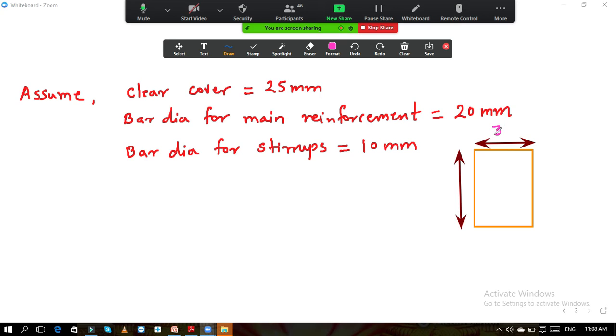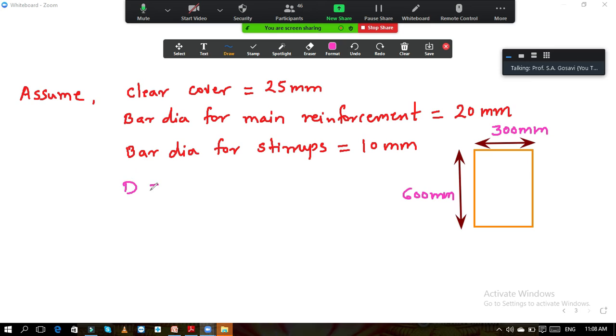This is given as 300 mm, and this total is given as 600 mm. Okay, so these are the given values with us. So the overall depth is known to you. Okay, so now overall depth capital D is equal to 600 mm.